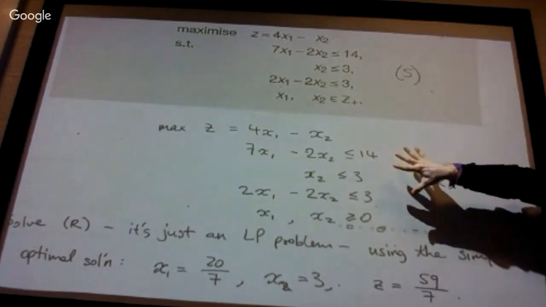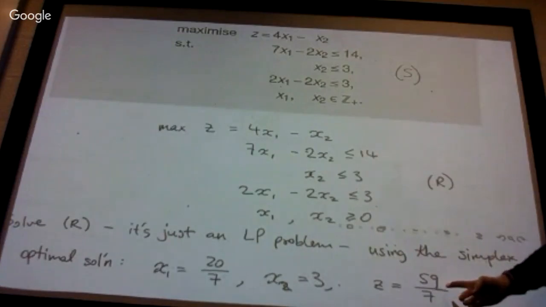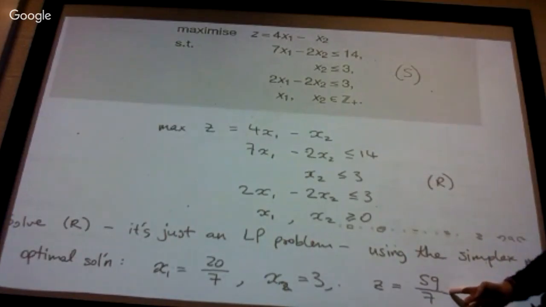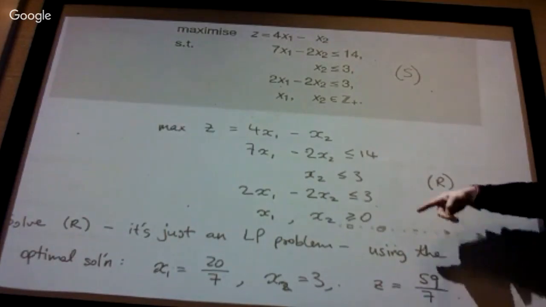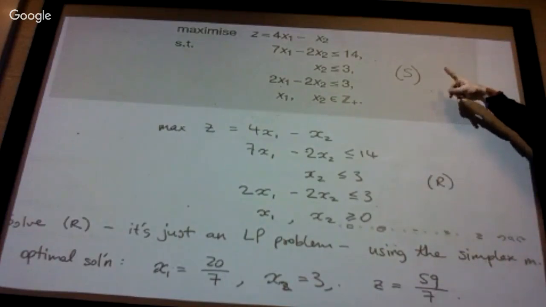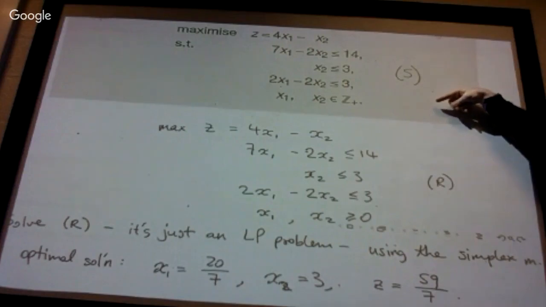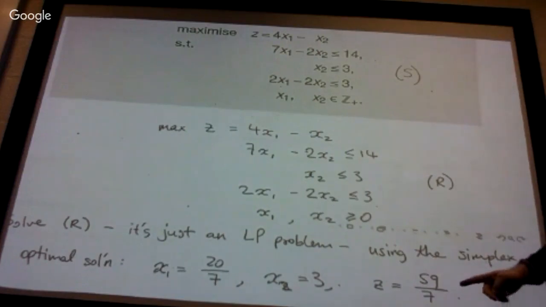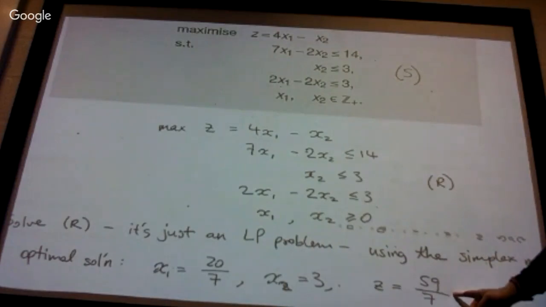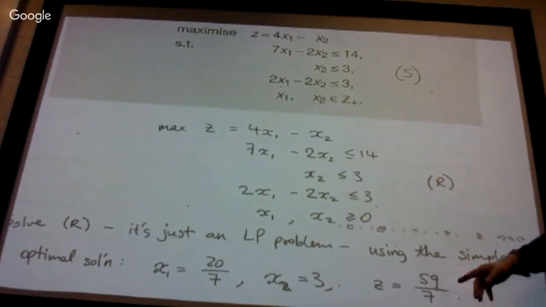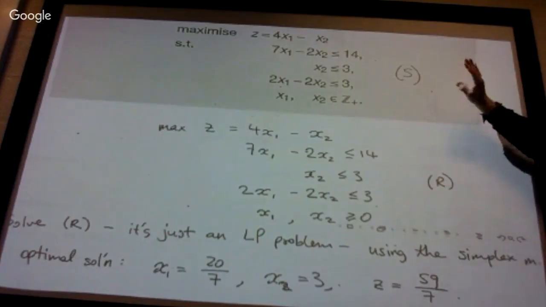So it couldn't be that the optimal solution of this is 59/7. So there's no way you can find x1 and x2 for this problem that will give you a better objective value than this one. Making sense? Okay, so you can never find anything better.